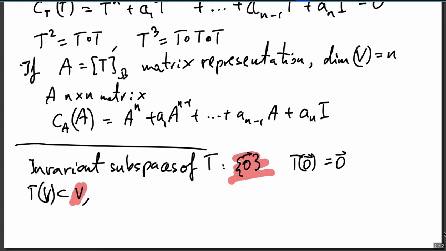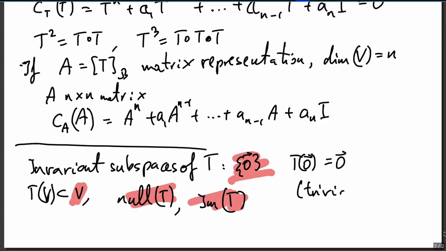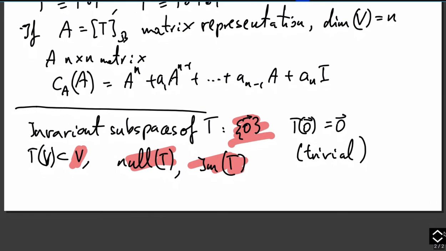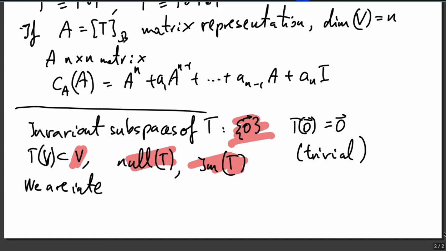Some other invariant subspaces: the null of T is invariant. Also, the image of T is invariant. We looked at these properties also before. These 4 invariant subspaces are usually called trivial, and we don't work much with these because these are obvious invariant subspaces. So we are more interested in other invariant subspaces.